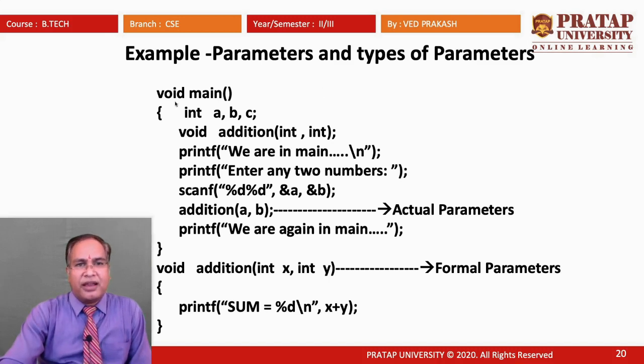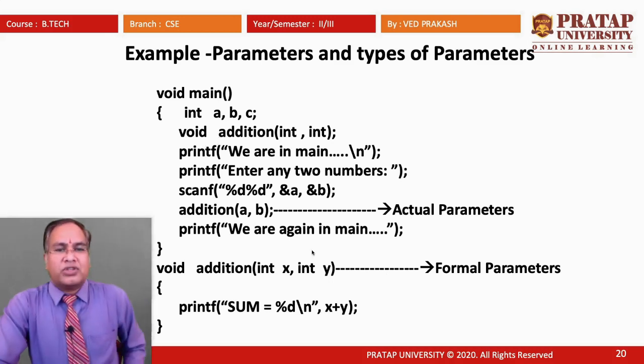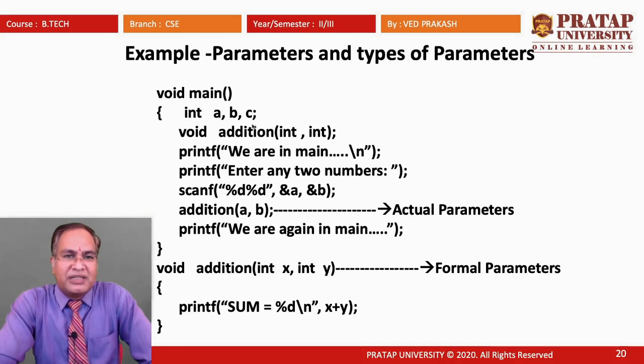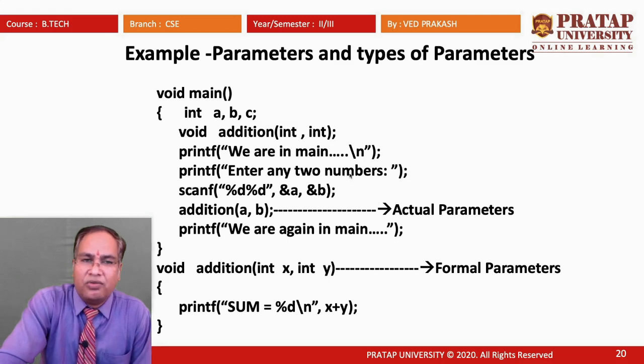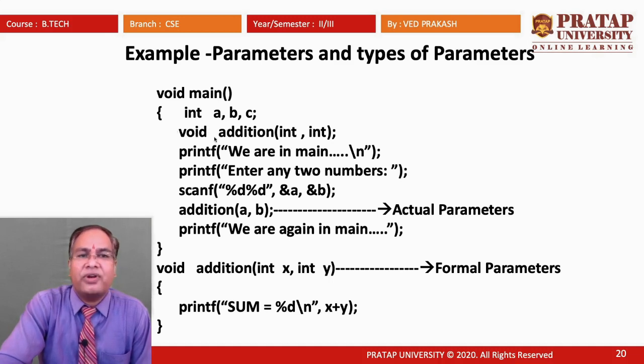Now there is an example to explain parameters and types of parameters, like what is the actual parameter and what is the formal parameter. So we are taking a code segment here to calculate the sum of two integers using a function. Here the name of the function is addition, and this function does not return any value, so the return type mentioned is void.